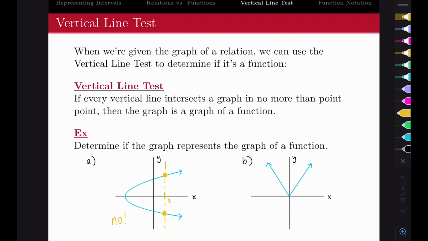For this other one, however, no matter what vertical line you draw, your graph is going to hit the vertical line in a single spot. So what this is saying is each of these x values has a single output. So this one is a function, okay?